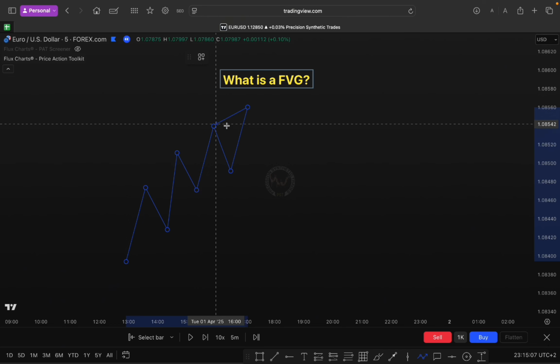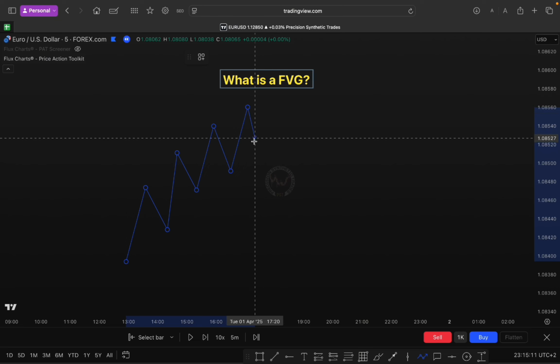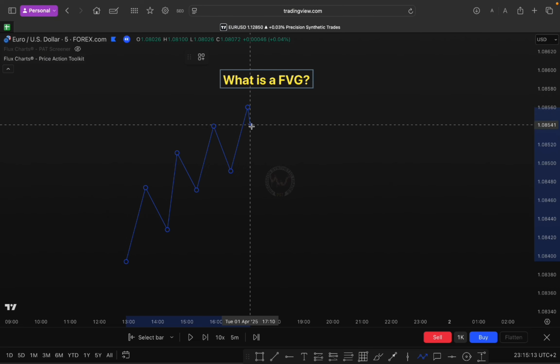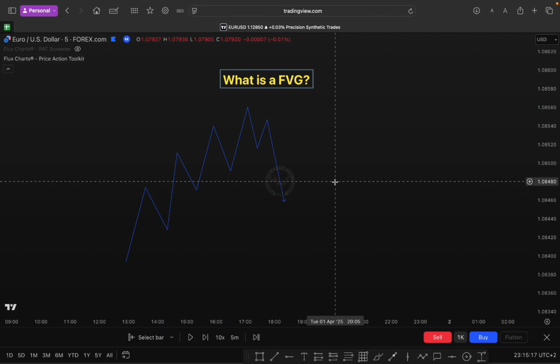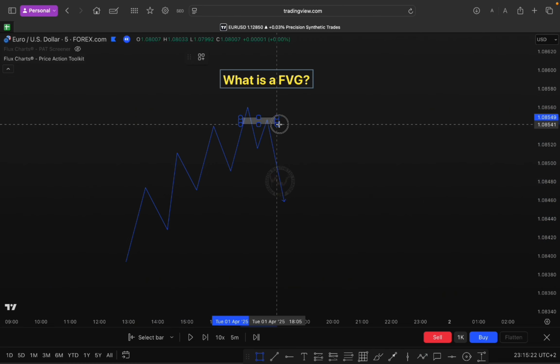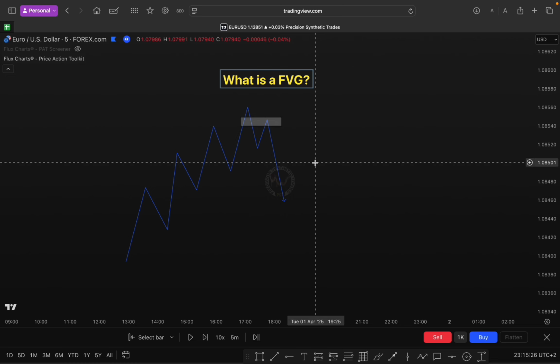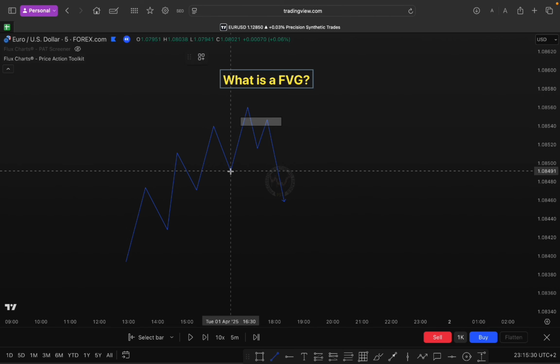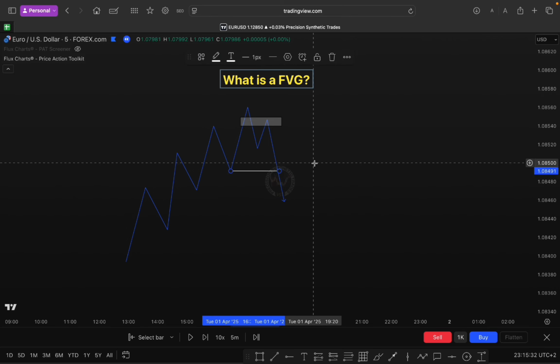Then price needs to take the liquidity sweep, and for this one, we're going to wait for the first fair value gap to form. Then we're going to enter and anticipate that price is going to continue if we have a reversal. If you want extra confirmation, we need to wait for the market structure shift.